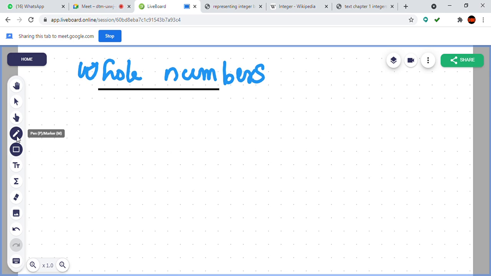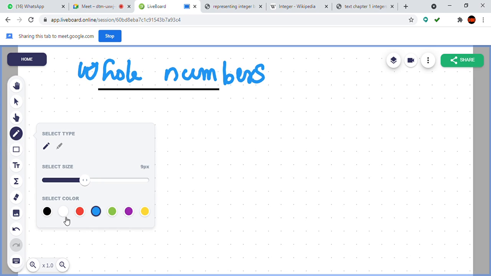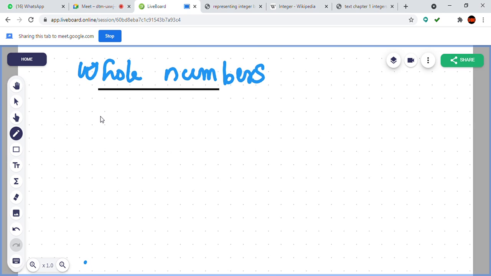Okay, below you write the numbers 0, 1, 2, 3, etc. are known as whole numbers.